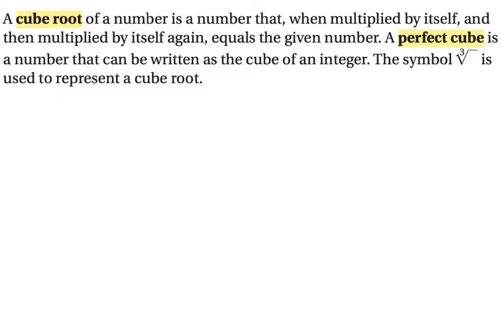It says a cube root of a number is a number, and we're going to stop right there. A cube root. We now know that a cube root can be represented using this symbol, so we're going to say cube root of some number, and I'm going to call that number A. So that cube root of a number is, and in mathematics "is" typically represents an equal sign, a number, so that's going to be a different number, we'll call that number B, that, when multiplied by itself and itself again, equals the given number.